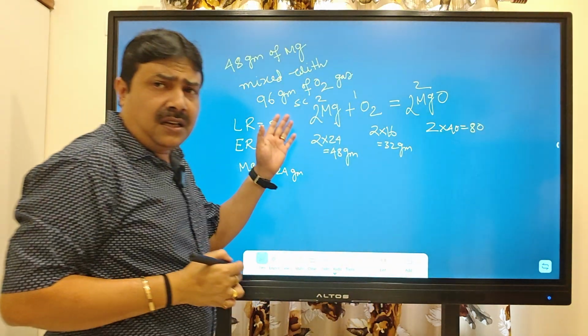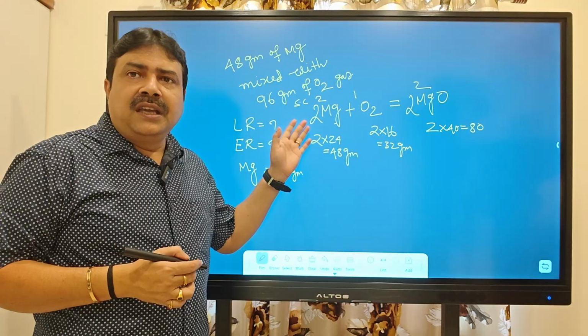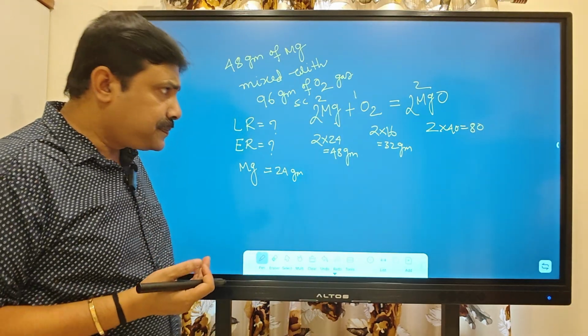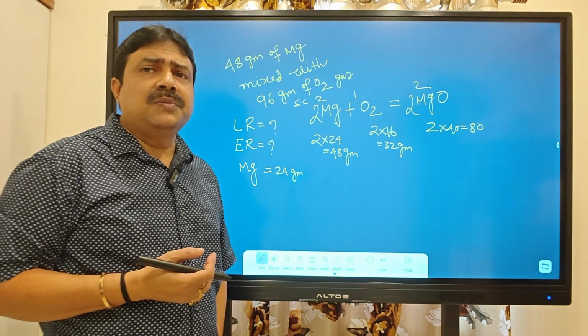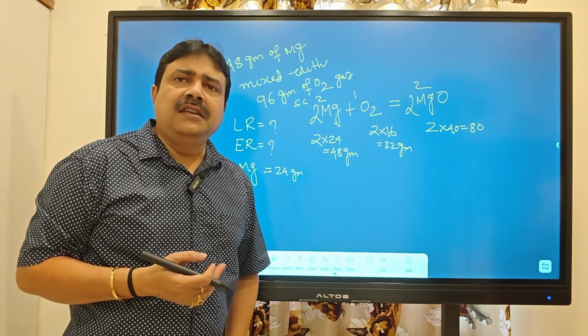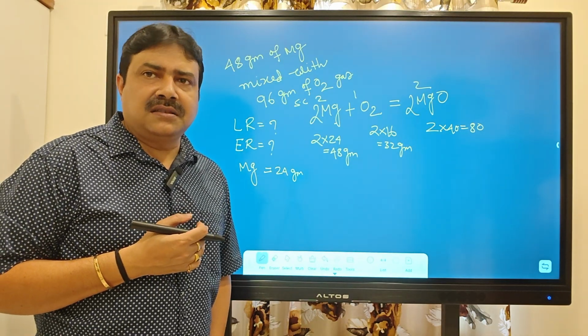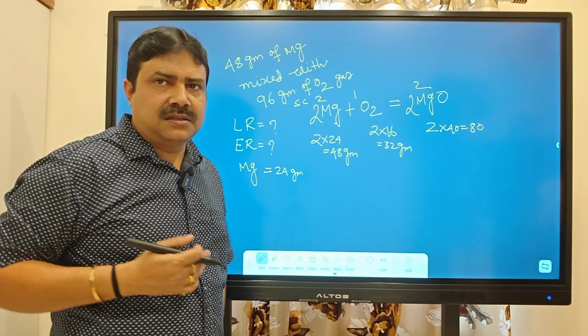Even the Lavoisier law is there. In my class that was already explained. The summation of mass of the reactants will be equal to the summation of mass of the products. In the Lavoisier law, there we discussed the laws of combination, and we discussed this concept.